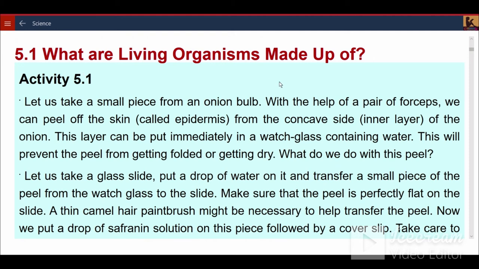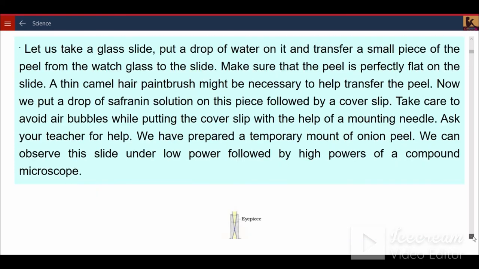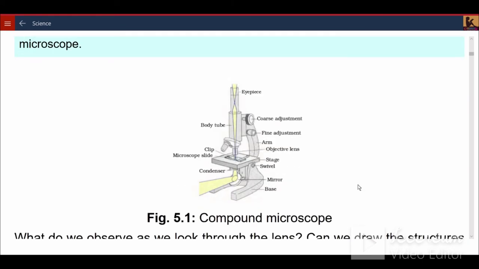What are living organisms made up of? Now let's see through activity 5.1. Here in activity 5.1, we are going to observe a slice of onion skin under the microscope. The microscope that we are going to use is of this type, a compound microscope.